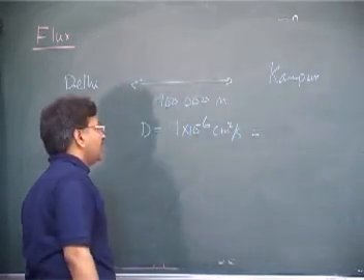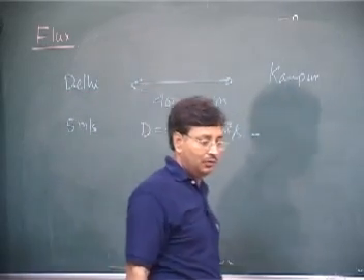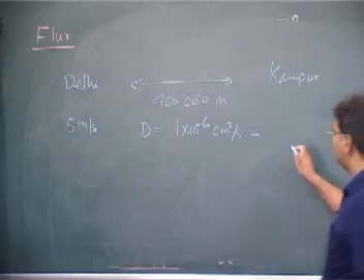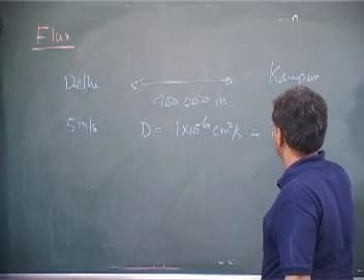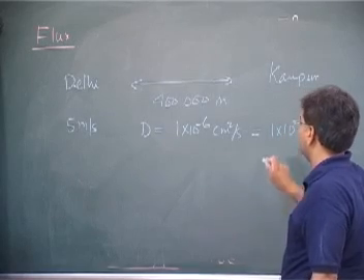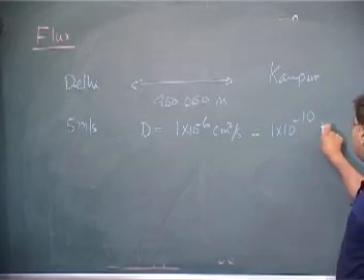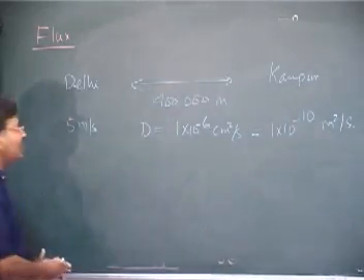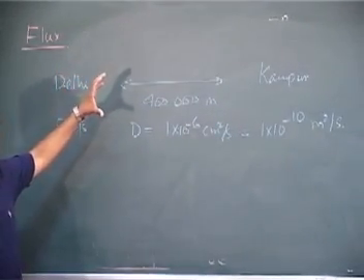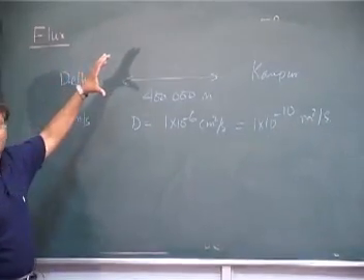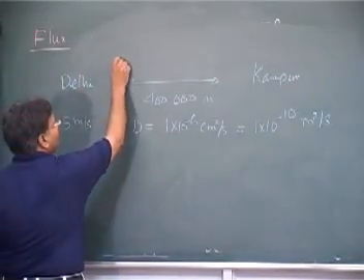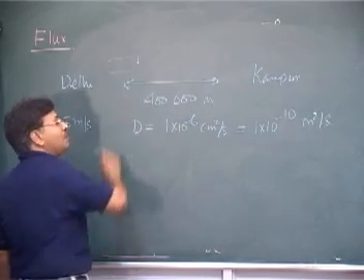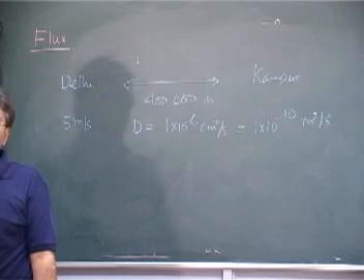If you want to convert this into meters, what will this value be? In meters squared per second, and I want to find out the characteristic distance the particles will disperse. If there was a plume going on, how much will the pollutants disperse from their mean position? That is what we want to find out.